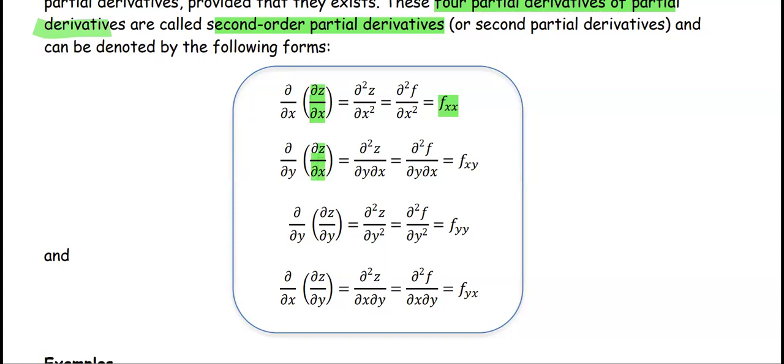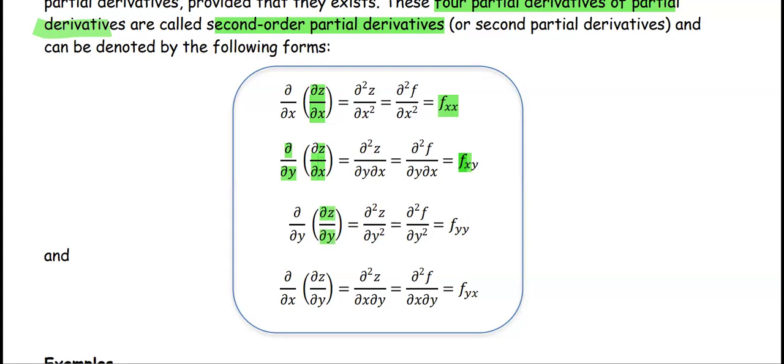If you find the partial derivative with respect to x first, and then find the second order partial derivative by doing the derivative with respect to y later, the notation will be f subscript x and then subscript y.